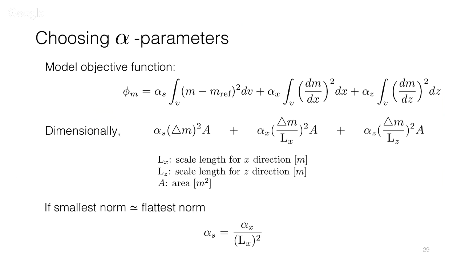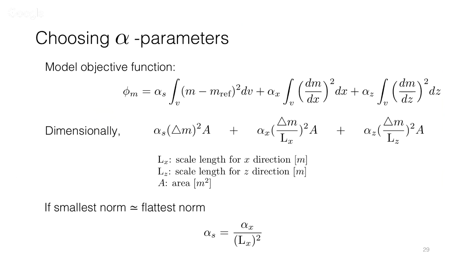So if we wanted to make this term of equal influence to this term, we can see that, for the delta m squared, alpha s should be equal to alpha x over ls squared. That's a first order step in trying to balance these three things. How do I do that?